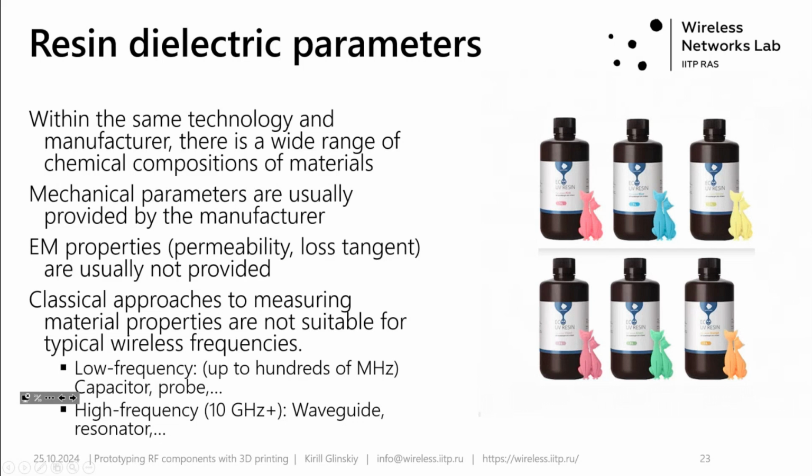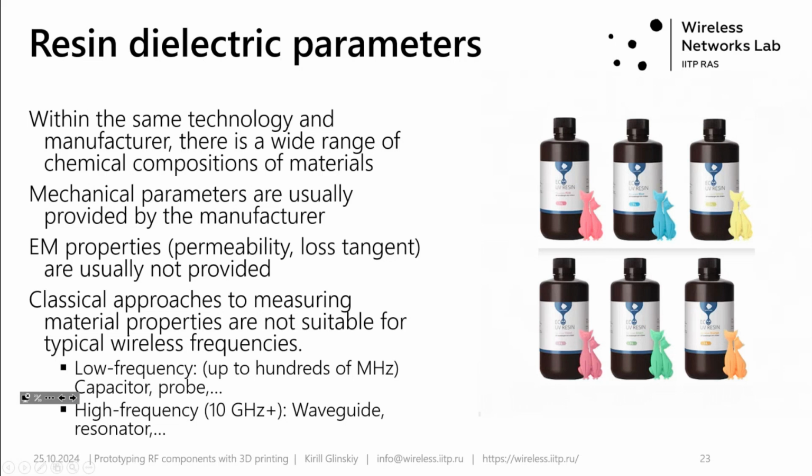So yes, the problem is indeed that while there are a lot of resins on the market, for most of them the properties are not known, not measured, and the conventional methods that are often proposed to measure those properties are very inconvenient, either too low frequency or too high frequency.